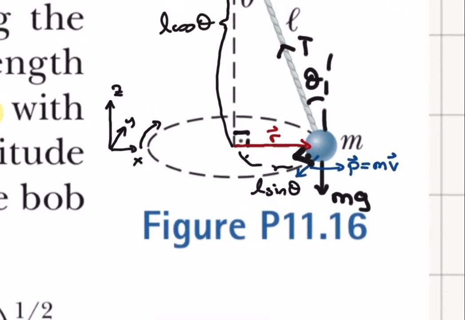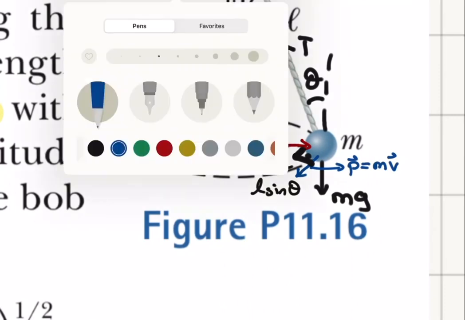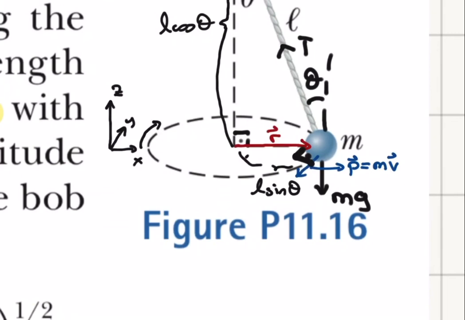Now, if you're wondering what is the direction of this angular momentum, let's take a look here. If I use the right hand rule, r cross p is basically pointing in the negative z direction, right?